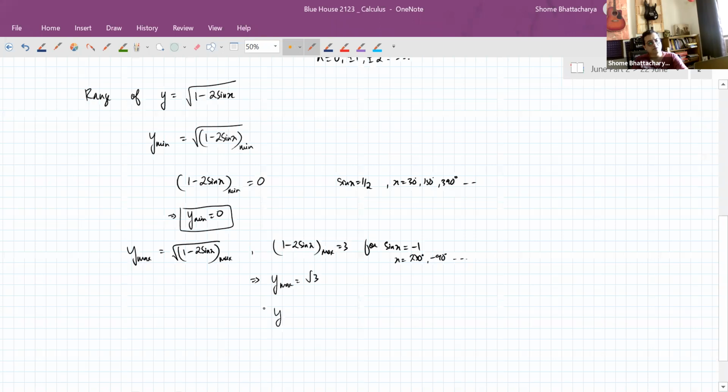So y in general cannot be less than 0 and cannot be greater than root 3. So the range belongs to the set 0 to root 3. So that is now the complete solution of this.